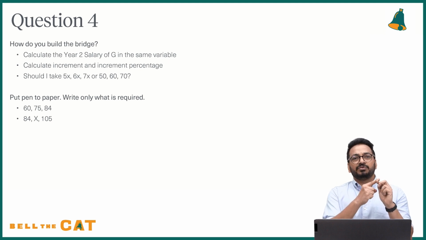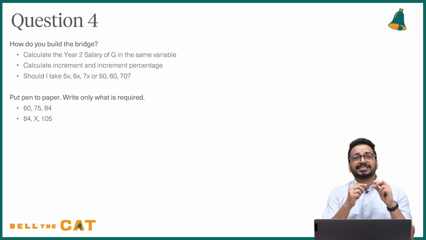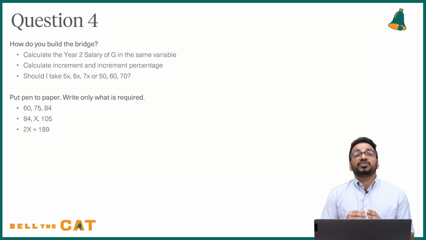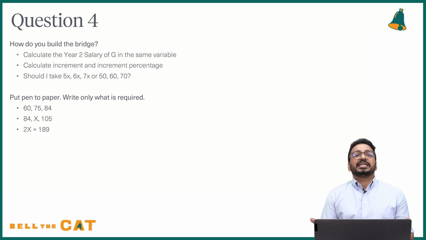This 3 will go here, 3x. x will come this side. 3x minus x is 2x. So I will actually write 2x is equal to 189. I won't do the whole thing. I will do the calculation, but just to not make it seem very scary. You know that you're adding these two, dividing by 3, 3x will happen. Do these steps mentally. It might seem very taxing now, but it will become very, very easy.